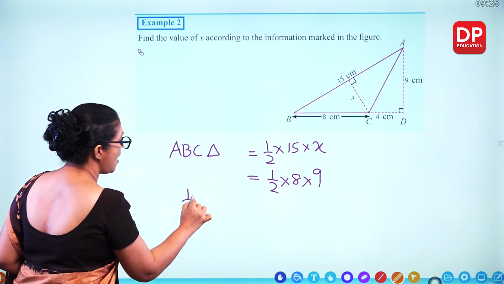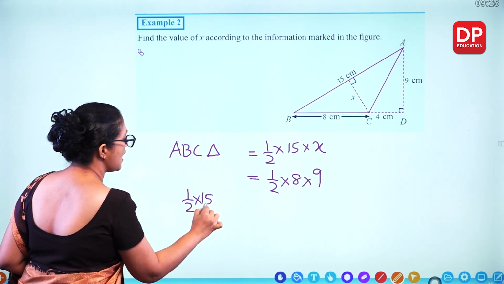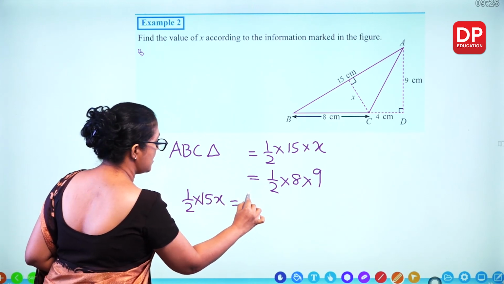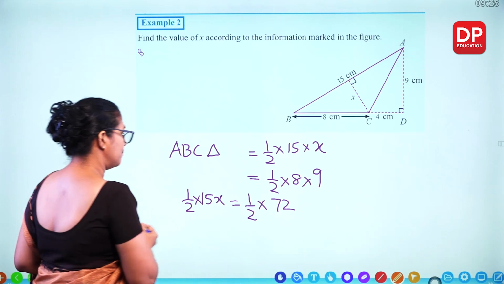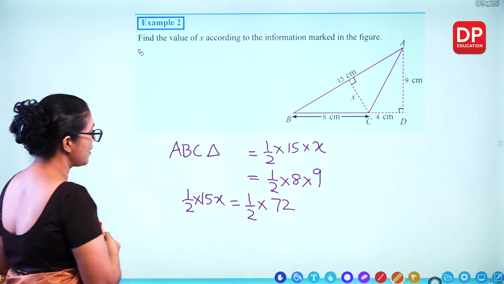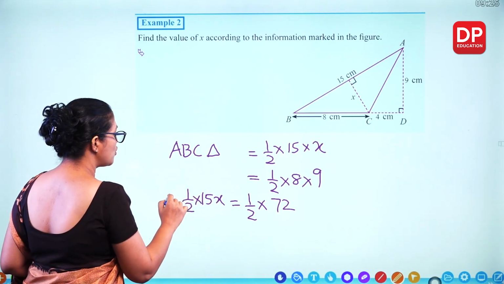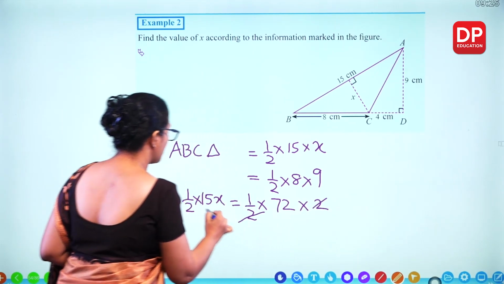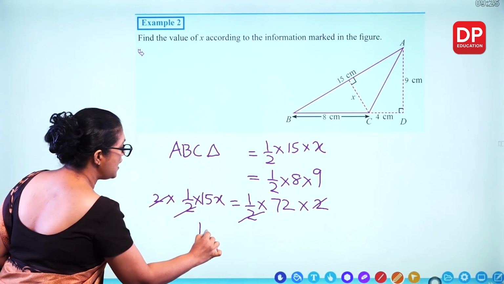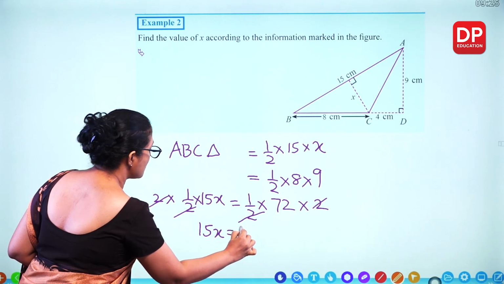These two are equal. So areas are the same because this is ABC triangle. You can equate. Half times 15 times x, 15x is half times 8 into 9, 72. Now multiply both sides by 2. You can get rid of this half. 15x equals 72.